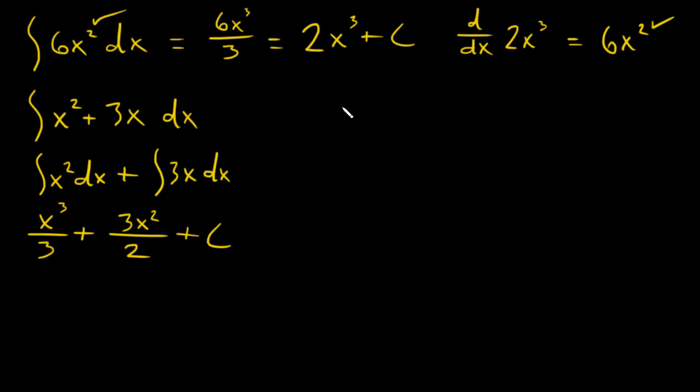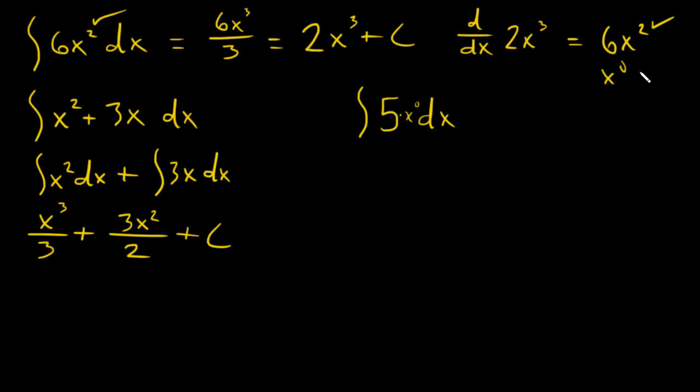Alrighty, now, before I forget, I need to do something. We've already done it once, but I want to make sure that it's really sinking in. The integral of something like 5 dx. You add 1 to the exponent and then divide by it. There's not an exponent here, but it's hiding. This is x to the 0, right?